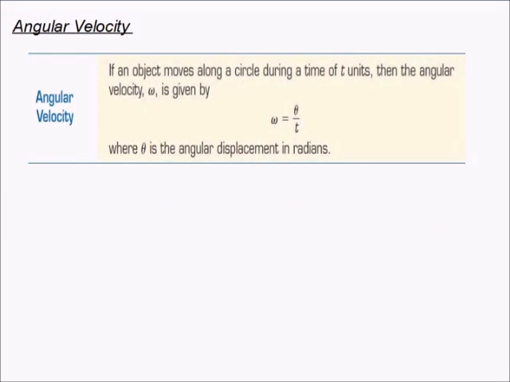Next, we need our two formulas that we were talking about. So angular velocity. You can write this stuff down, but this is really the important thing that you want to know. This is omega, a lowercase omega.